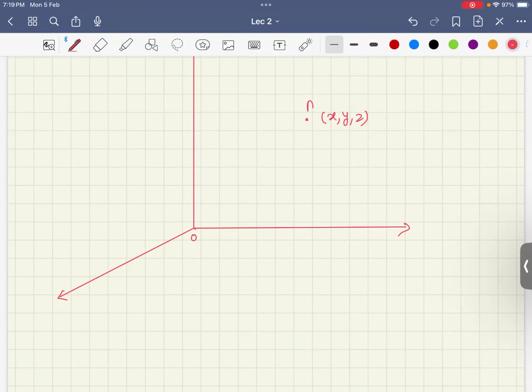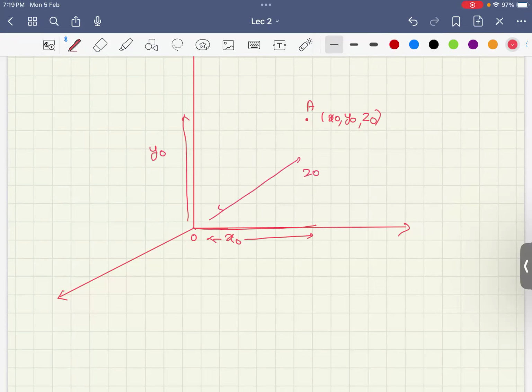Now I want to go from this point O to point A. So what will I do? Let us assume that this is x0, y0, and z0. I will travel x0 distance in the x-axis direction, y0 distance in the y-axis direction, and z0 distance in the z direction.